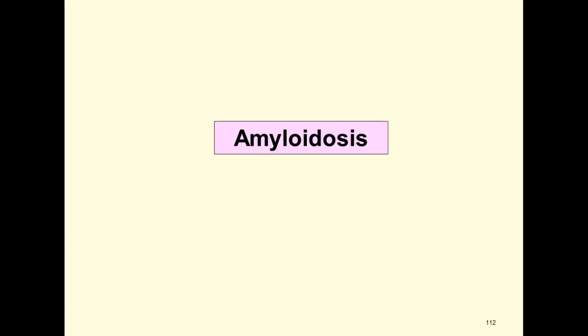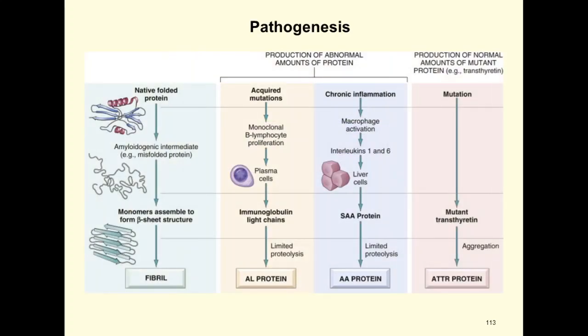amyloidosis. So, amyloidosis, what exactly is this? This is a condition associated with a number of inherited and inflammatory disorders in which extracellular deposits of fibrillar protein are responsible for tissue damage.